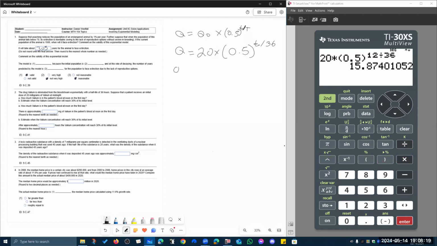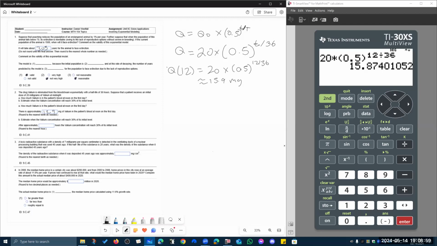And they want this answered to the nearest tenth of a milligram. So Q of 12 is equal to 20 times 0.5 to the 12 over 36. It's approximately 15.9 milligrams, right? 15.9.